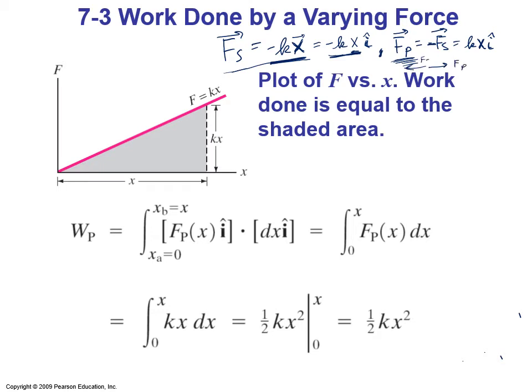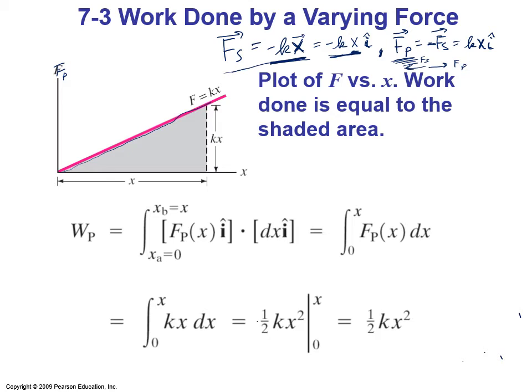So this would be negative the spring force, or it's positive kx in the i hat direction. If we make a plot of this, with Fp on the y-axis and x on the x-axis, you'll see this is not a constant force. As the spring is displaced, the force increases and increases and increases.